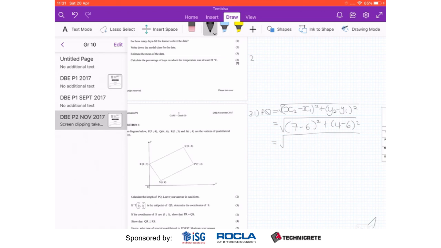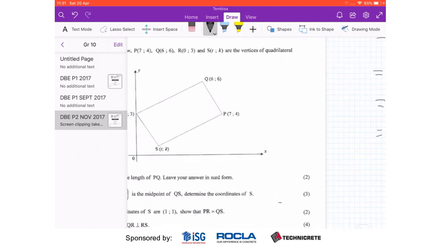It's equal to, this is 1 squared, so 1 squared is 1. And this is minus 2 squared. And we know that minus 2 squared becomes 4. So in surd form, my answer is root 5. Okay, so I'm going to just leave the answer here in case we run out of space.